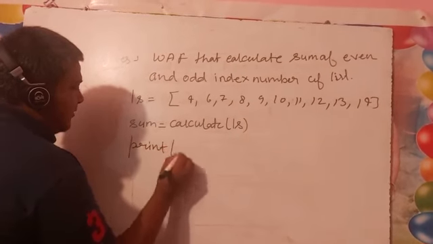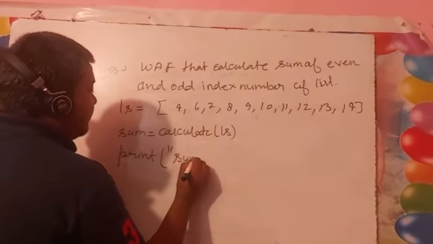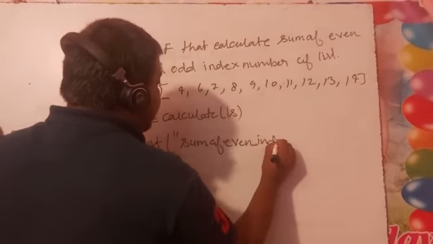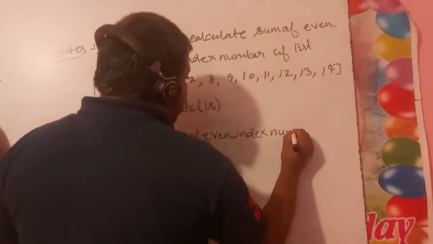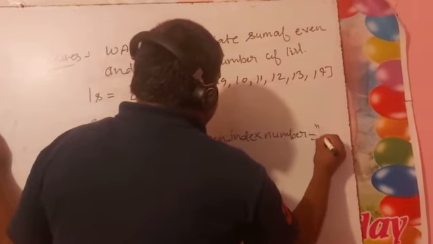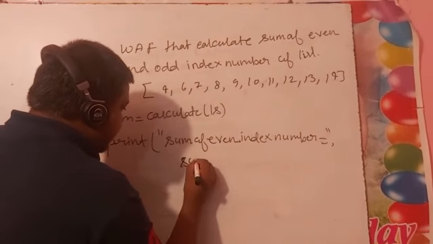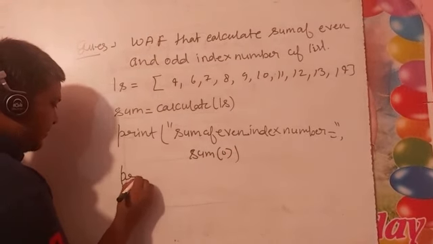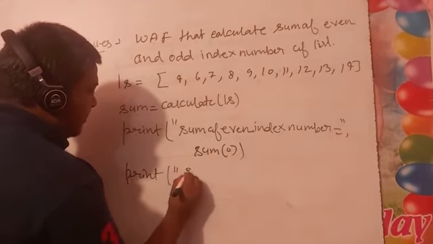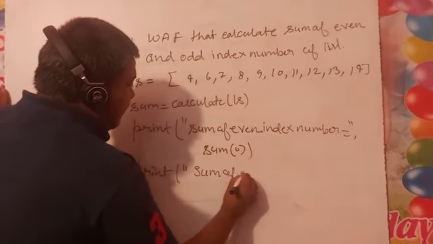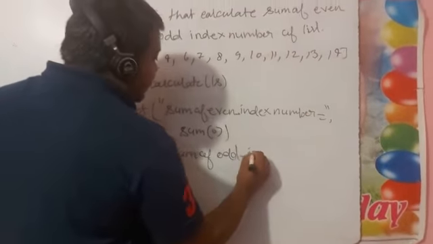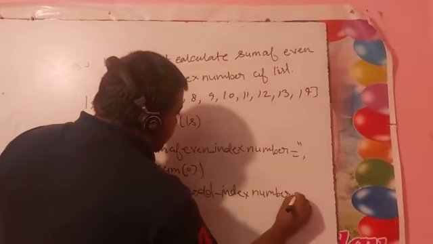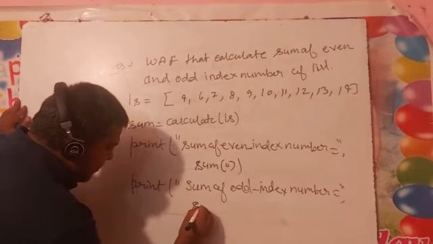Print sum of even index number is equal to comma sum of 0, and then again I will write print sum of odd index number is equal to sum of 1.